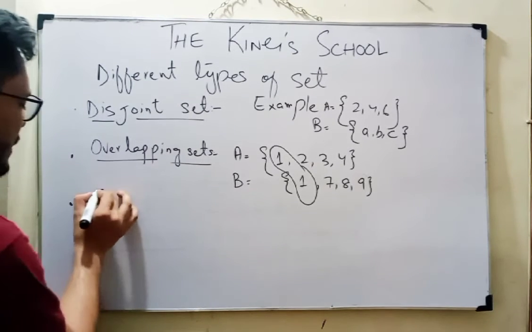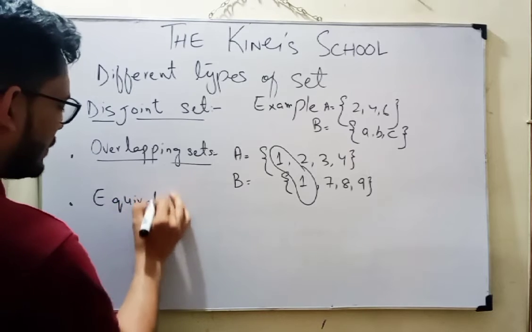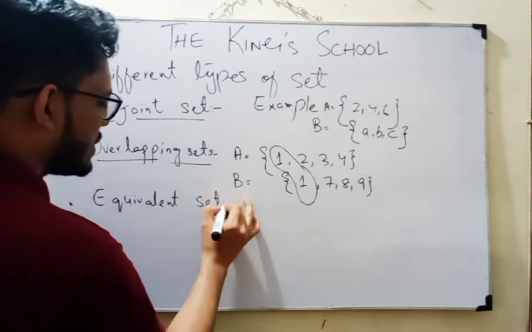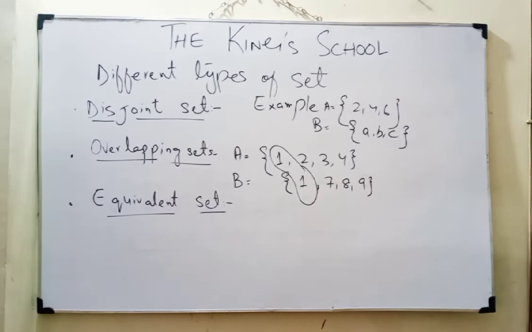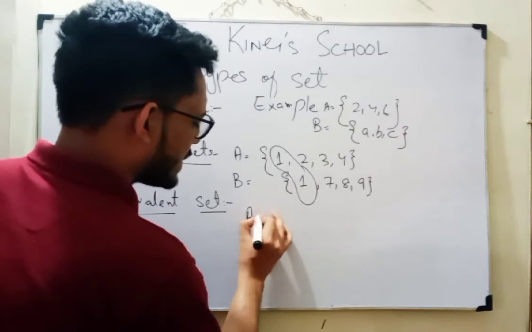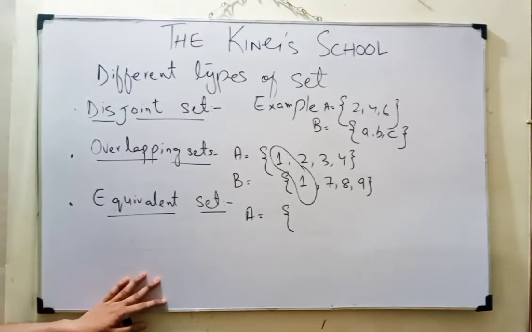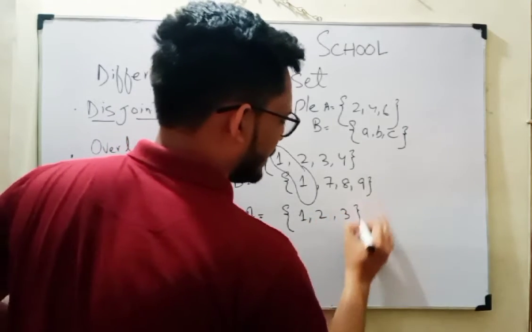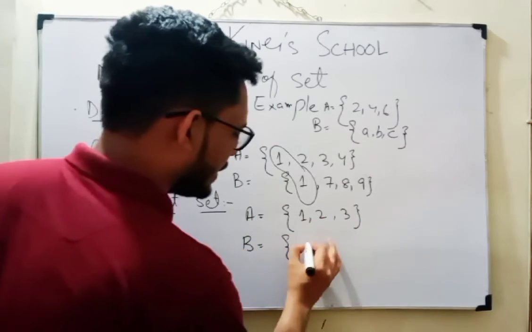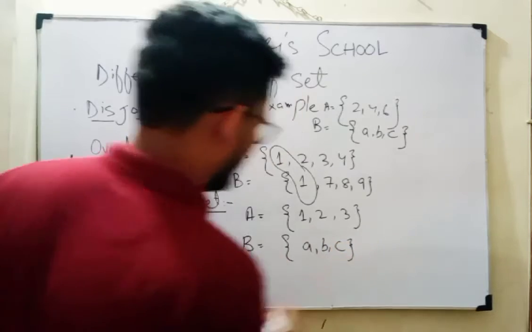And now move towards the equivalent set. Students, an equivalent set is a set which has an equal number of elements. Equivalent sets need not have exactly the same elements. For example, A is a set in which the elements are 1, 2, 3, and B is a set in which the elements are a, b and c.